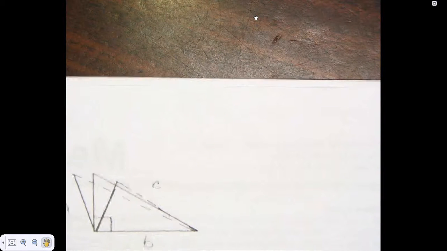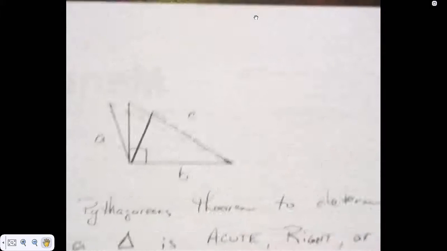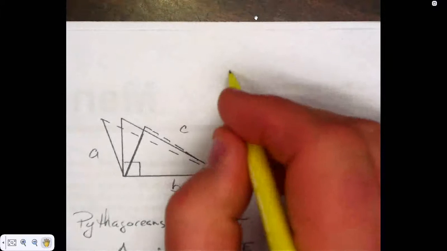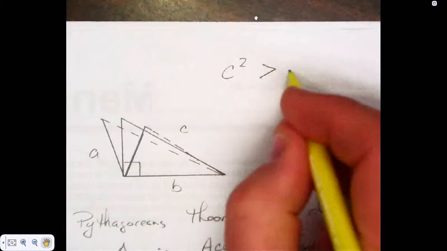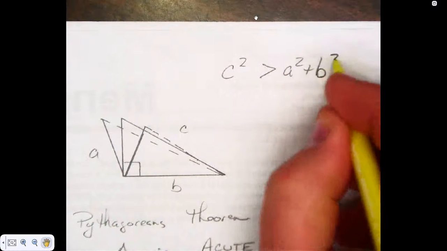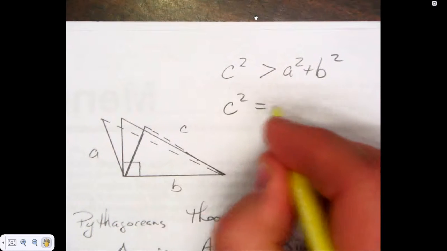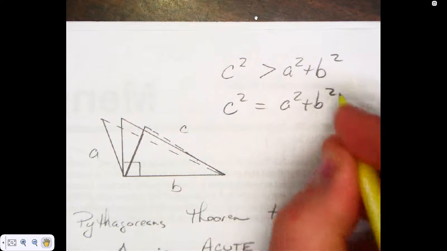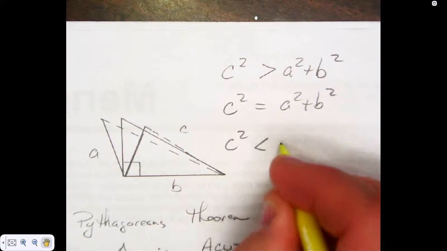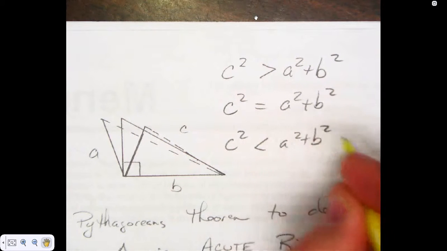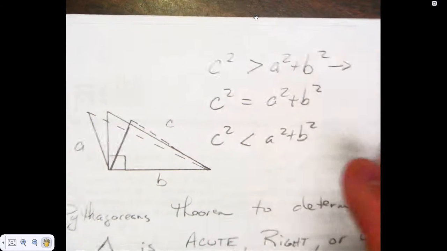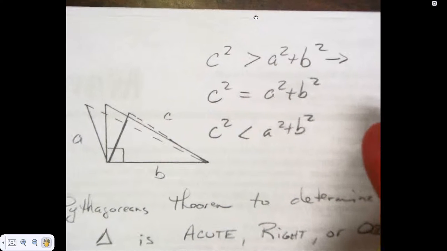It got what? So with that logic, when C squared is bigger than A squared plus B squared, when C squared is equal to A squared plus B squared, or when C squared is less than A squared plus B squared, what type of triangle do you think you have in each of these cases?